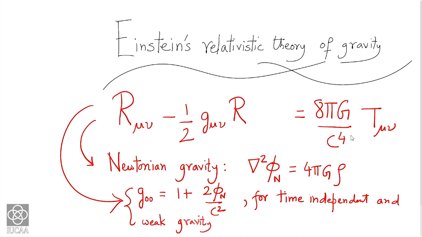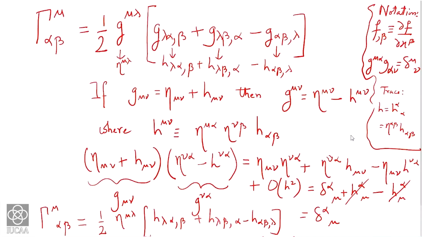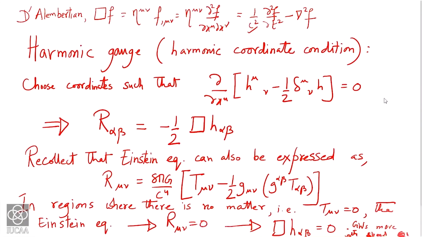Before that, let us also look at something we have derived, and it is this object, that we are choosing a coordinate system where its derivative with respect to x mu is 0. Now, note that this is equivalent to the result that del by del x mu of h mu nu minus half eta mu nu h is 0.